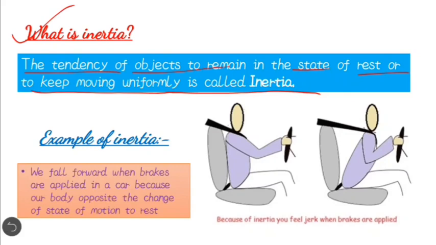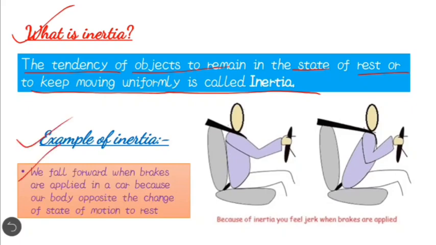If an object is in a state of rest or in motion, it will remain in that state, and this tendency of the object is called inertia. In short, inertia opposes the force applied on it.